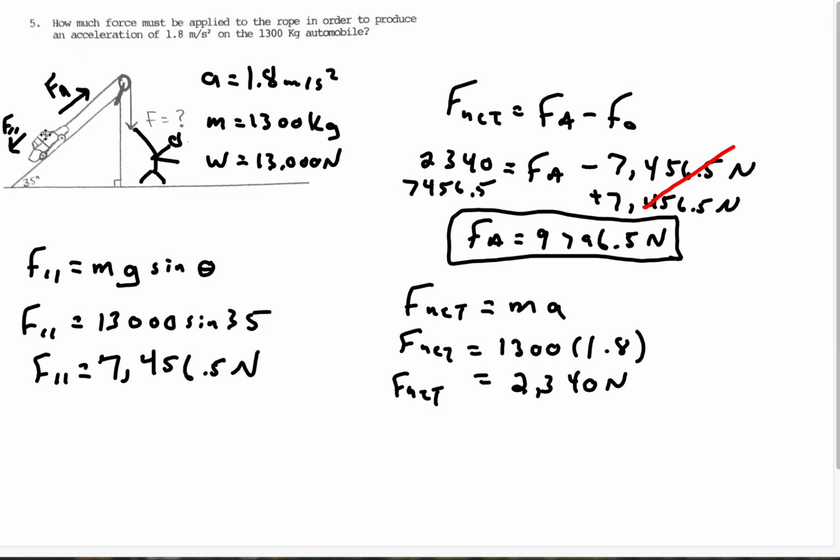The reason it has to be bigger is because there's a portion of the weight that's trying to make it slide down that ramp. If I make the ramp steeper, then my applied force would have to be bigger. If I make the ramp less steep, then the applied force will be smaller. You guys know that from real life, right? The steeper the ramp, the harder it is to use. The less steep, the easier it is to use.